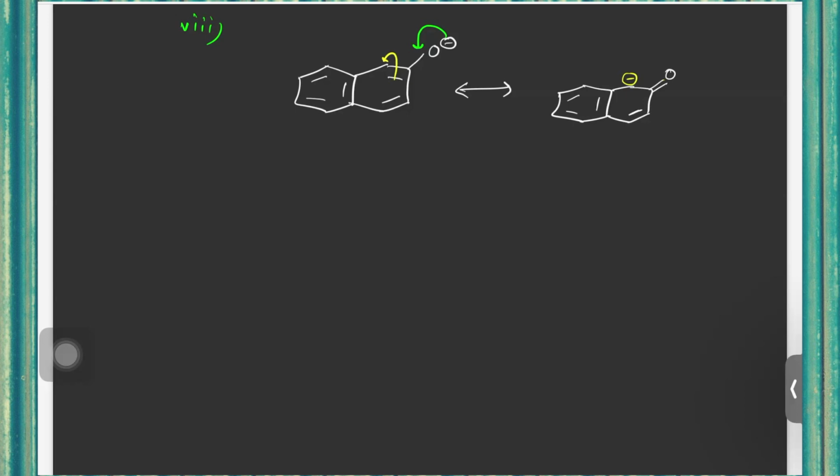So now what will happen? This negative charge will go here and this pi bond will break. So we will be having the negative charge here, double bond, and double bond, O.